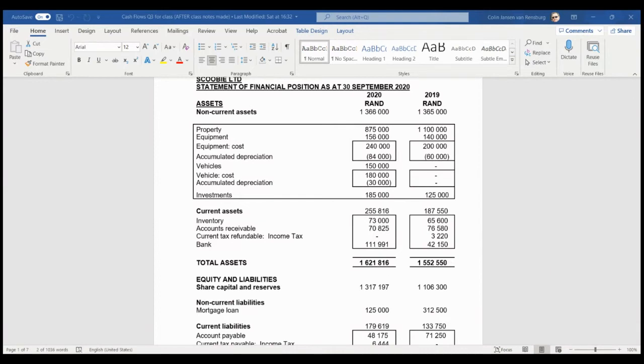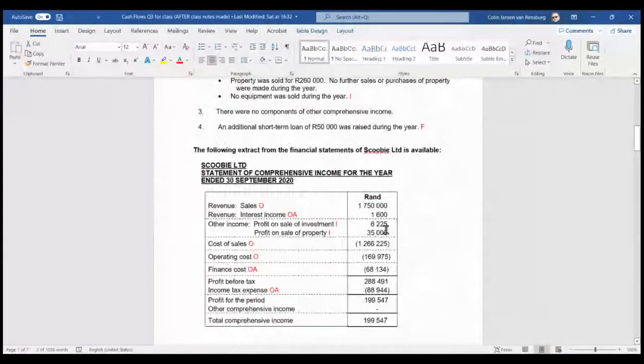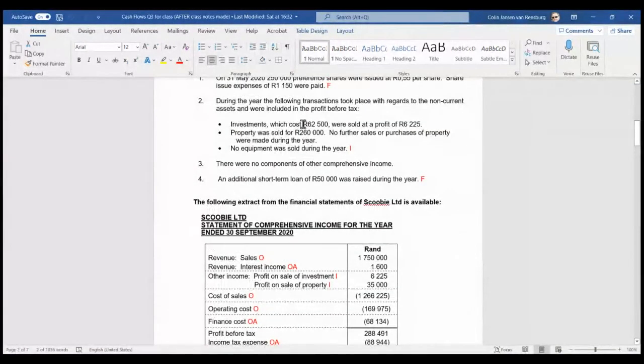And then we've already seen the cost of the items that were disposed of. Let us just revisit that little sentence there. The cost of the items that were sold was 62,500. So if we have sold investments with a cost of 62,500, would we then credit the investment at cost or debit the investment at cost account?